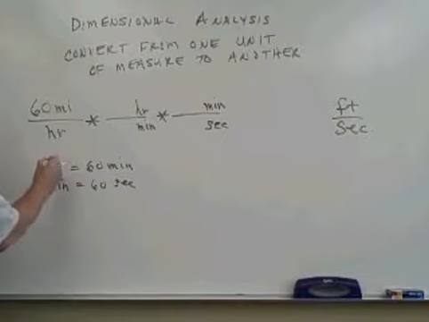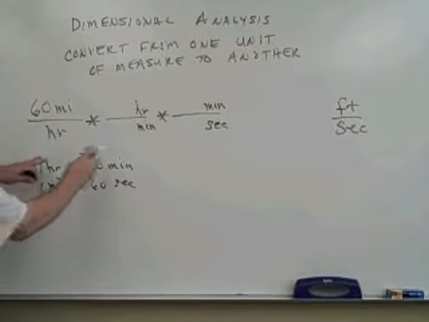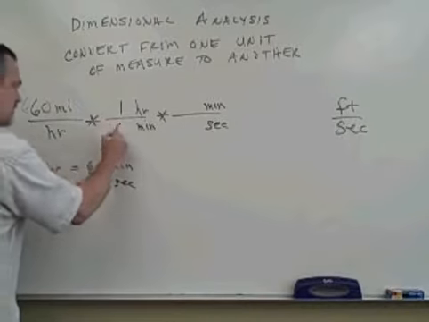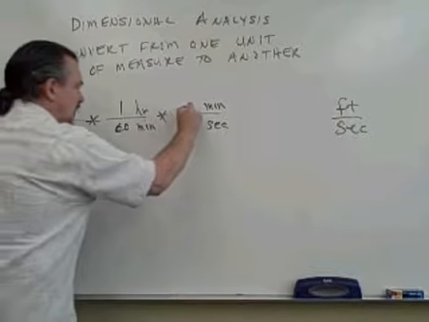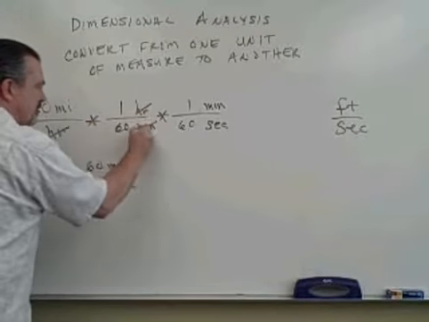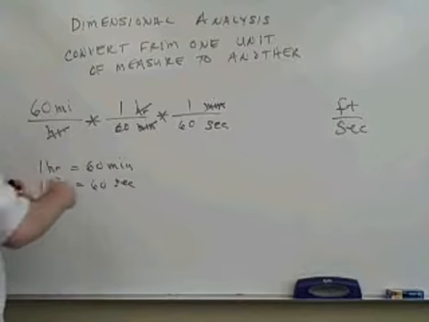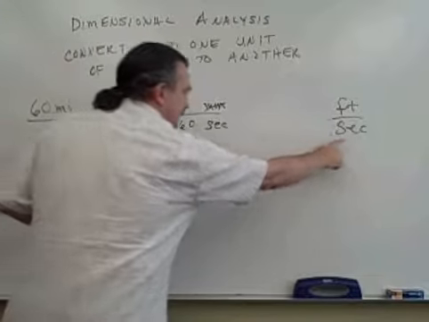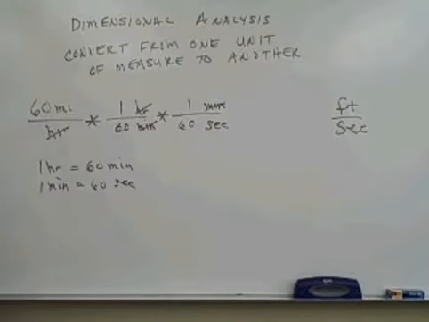So now, when I put the numbers in, 1 hour goes with 60 minutes, 1 minute goes with 60 seconds. And so now the hours will cancel, the minutes will cancel, and in the denominator we have seconds, which is what we want to have in our finished answer.